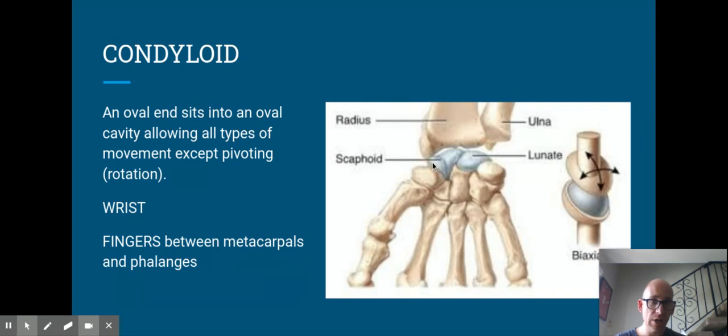These are all carpals. And it has this oval shape that sits into the opposite oval shape of the radius. Because it's oval, it allows movement this way, and it can hinge. It's a hinge-like motion back and forth, going this way and this way.